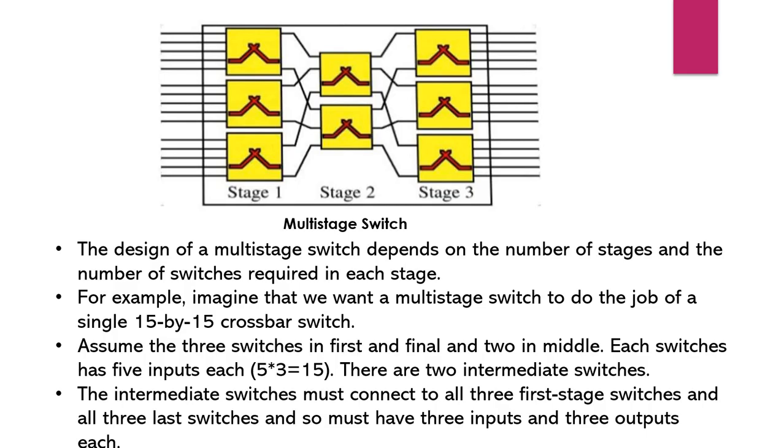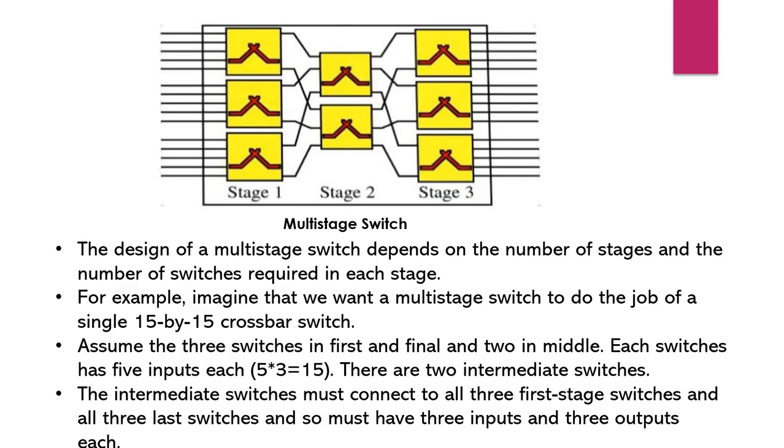Likewise, stage three is the same as stage one, which is 30 switches. So in total, to connect 15 to 15 we need 30, 18, and 30, which is only 78 switches to connect both sides of devices. Here we are reducing the number of crossbar switches in the multi-stage switch compared to the crossbar switch.